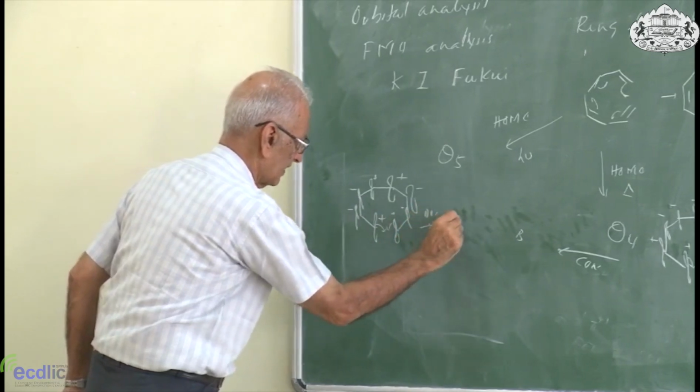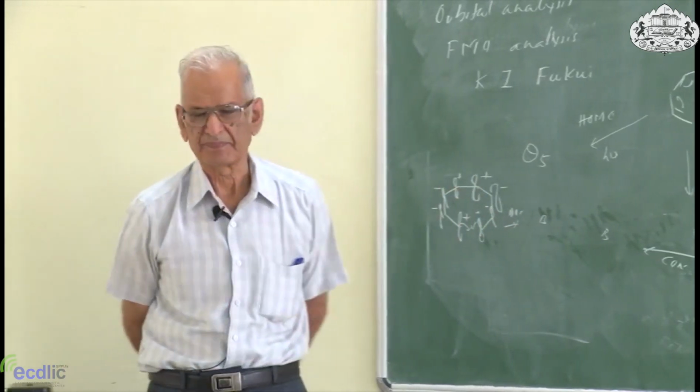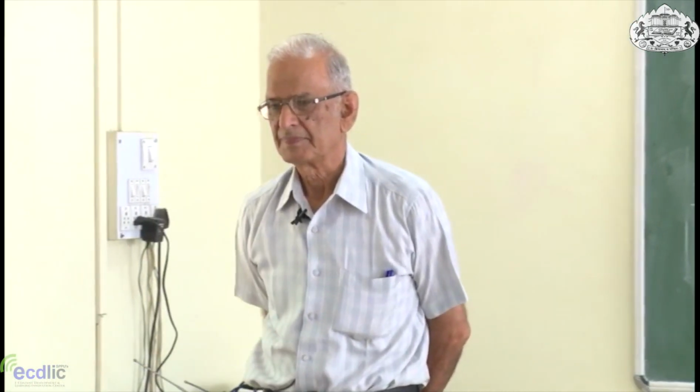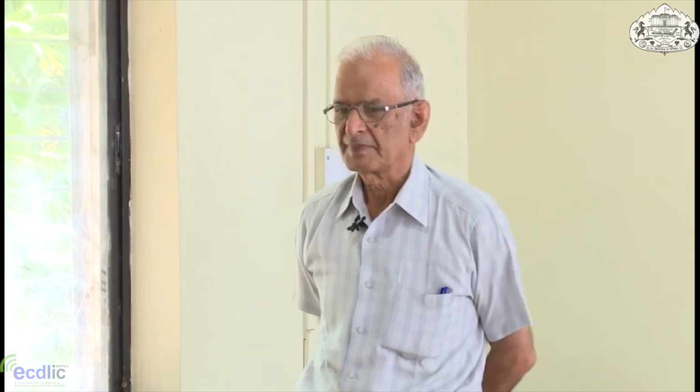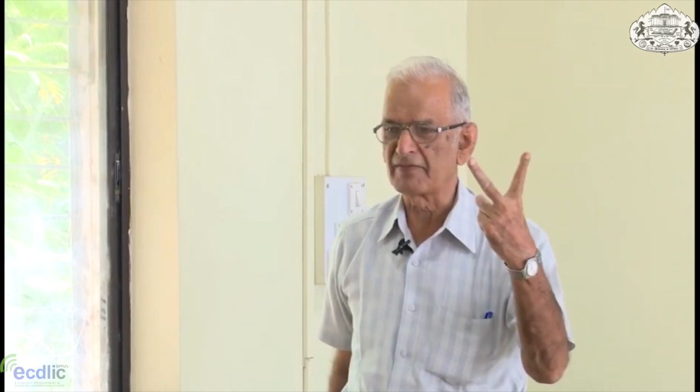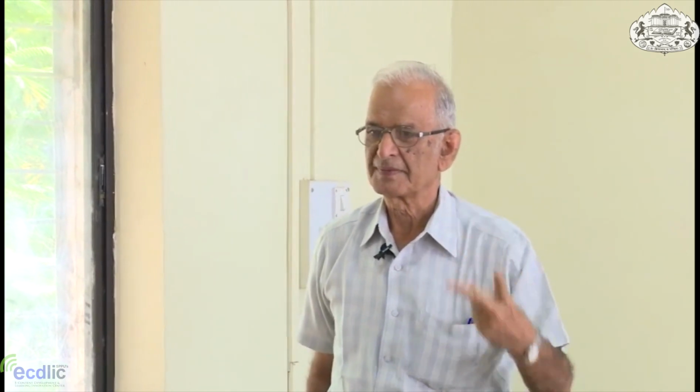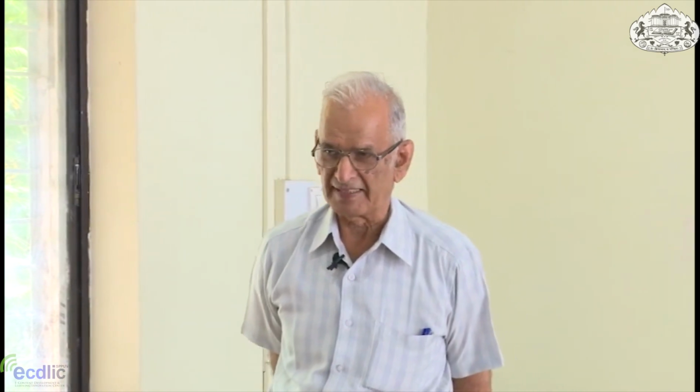Disrotatory will give me bonding. Whenever the end lobes have the same sign, disrotatory will give me bonding. Whenever end lobes have opposite signs, disrotatory will give me anti-bonding, conrotatory will give me bonding. So, very simple.